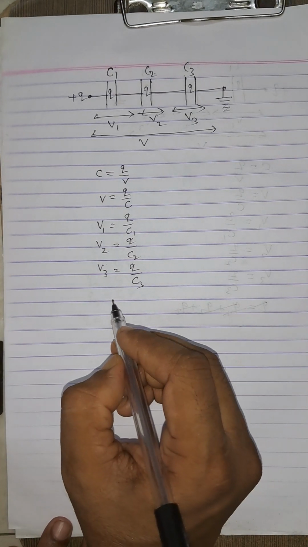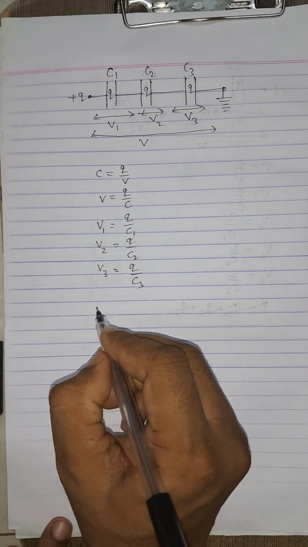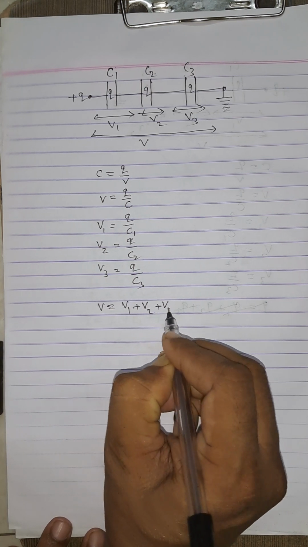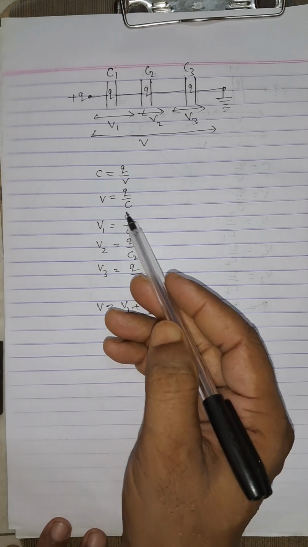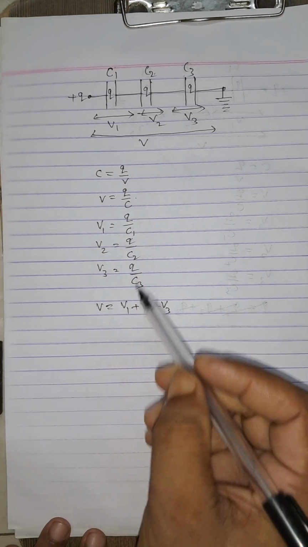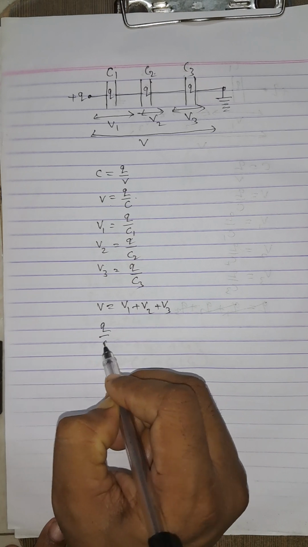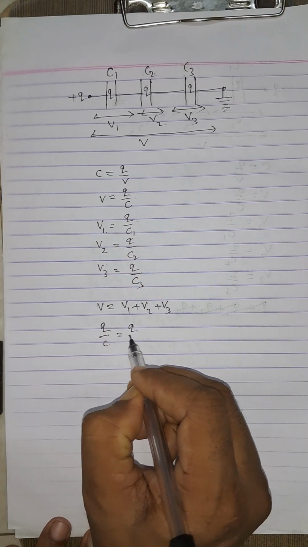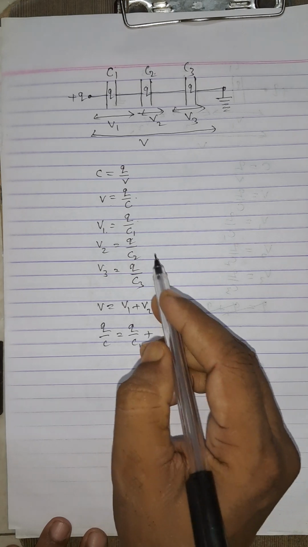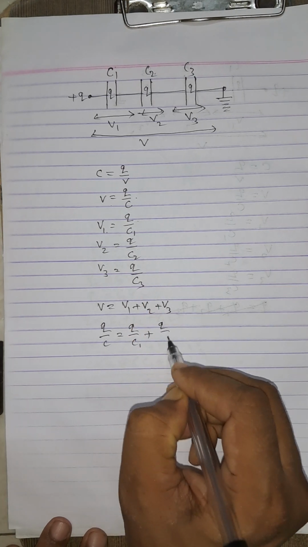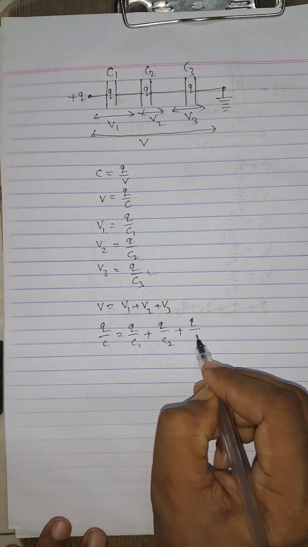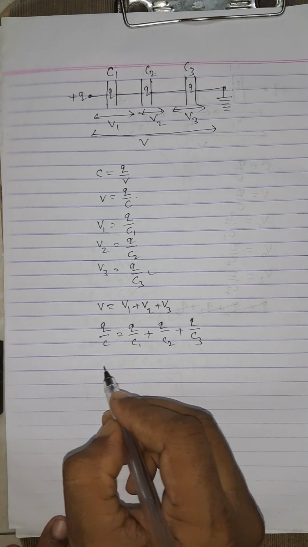Now the total potential difference is V equals V1 plus V2 plus V3. Putting in these values, V is Q upon C, V1 is Q upon C1, plus V2, Q upon C2, plus V3, Q upon C3.